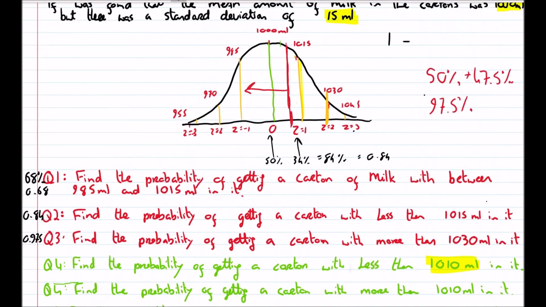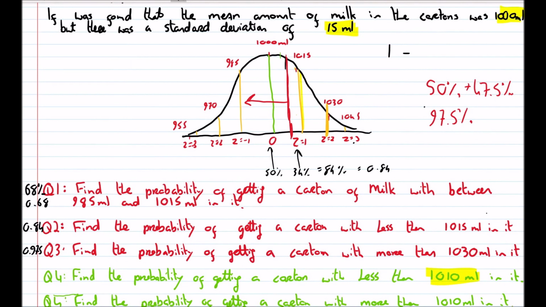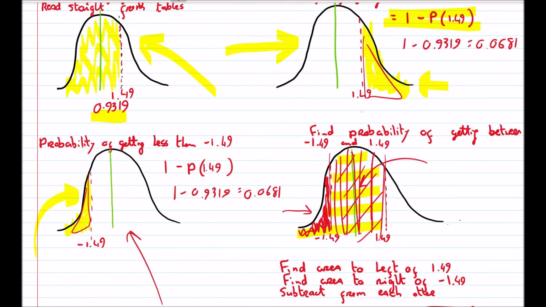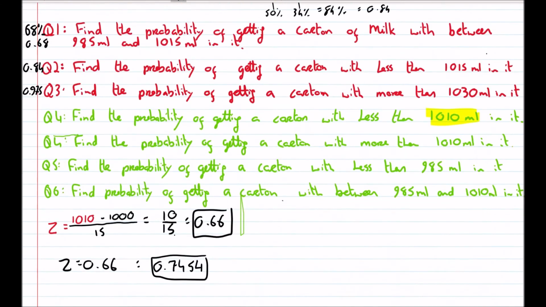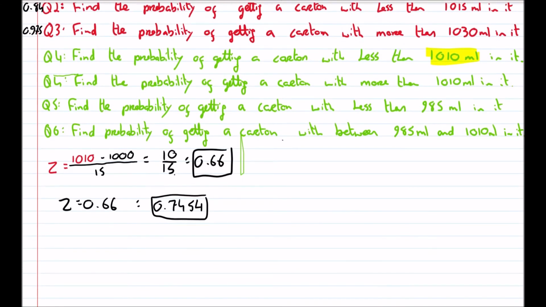Again, our z-score is to the right of the mean, and we're looking for it to be less than that. So it's this one we're talking about, and with something like that, we just read the z-score straight off. So there's nothing more I have to do. So there's the answer to question 1: 0.745.